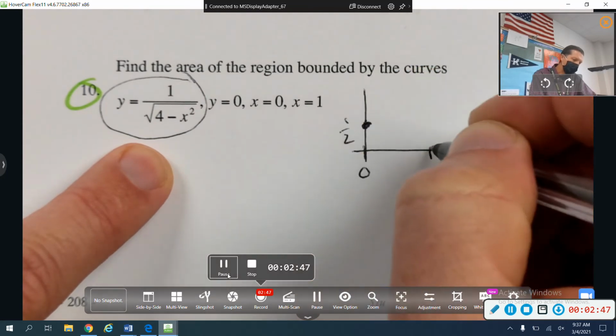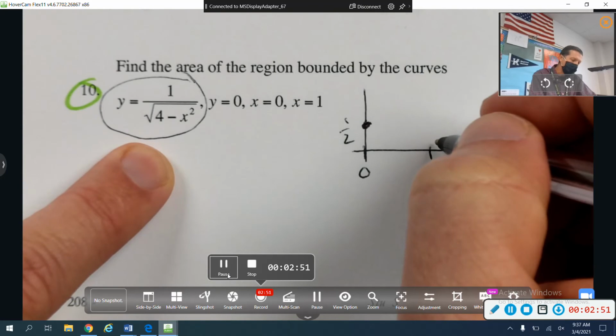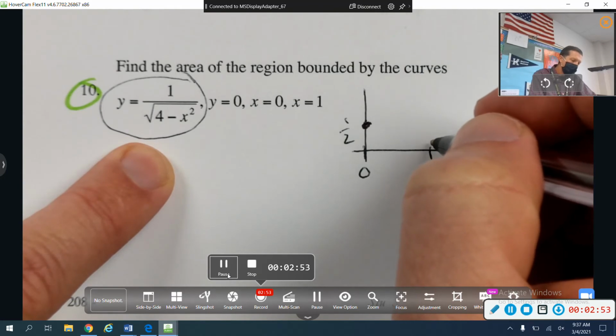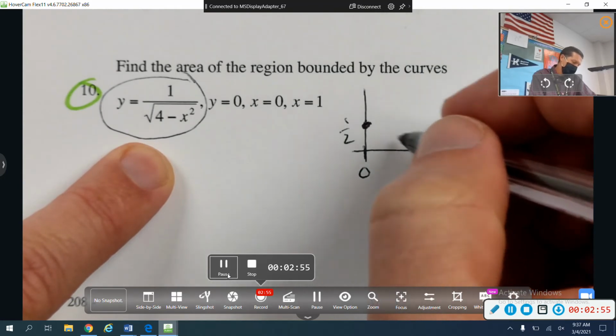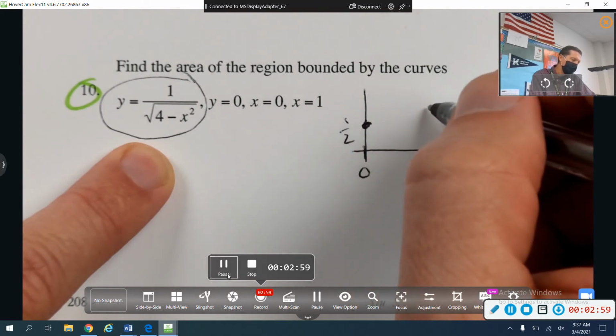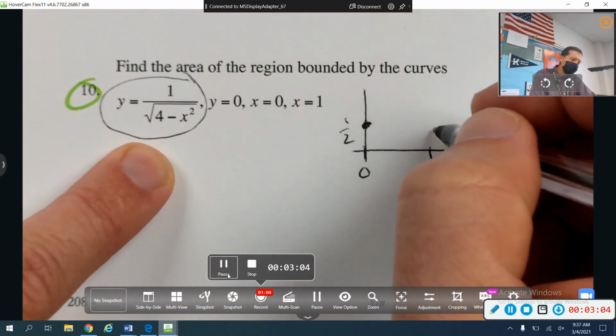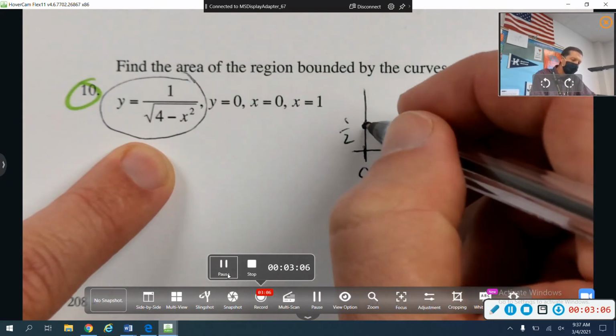If I plug in 1, I get 1 over square root of 3, which is even smaller. No, that would be bigger than 1/2. No. 1 over 2 and 1 over 3 would be smaller. It would be smaller.